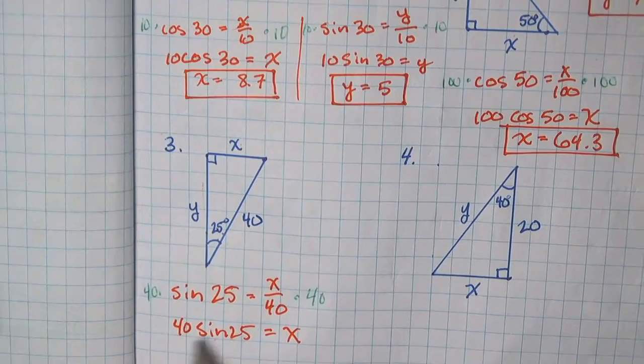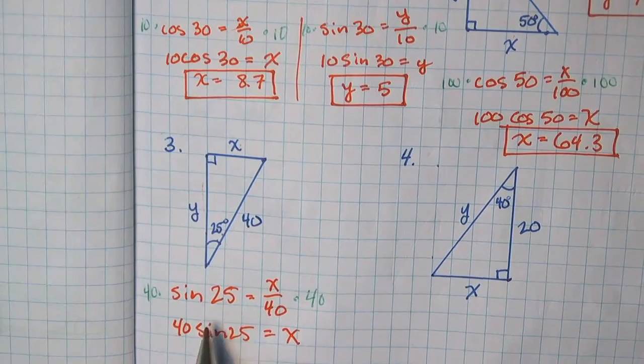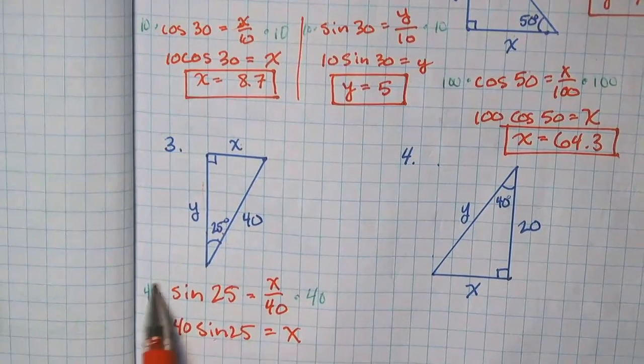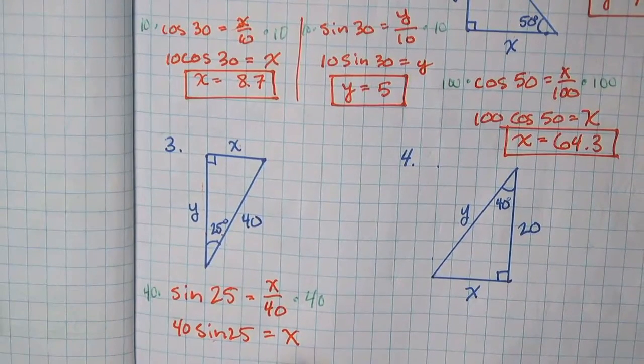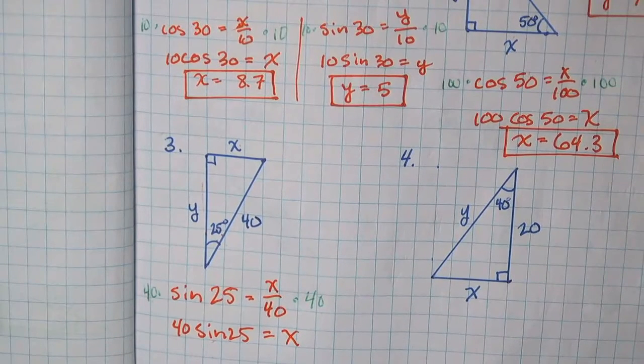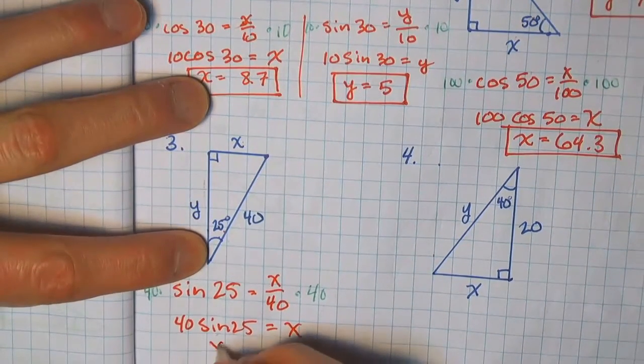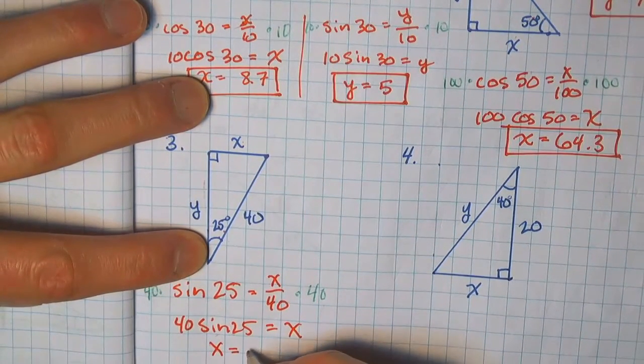It's always going to end up being the hypotenuse times sine or cosine of the angle. So you could skip this upper step if you wanted to and just do the second one, which is much more efficient that way. Just keep thinking about whether it's sine or cosine. Okay, so 40 sine 25 should give you 16.9.